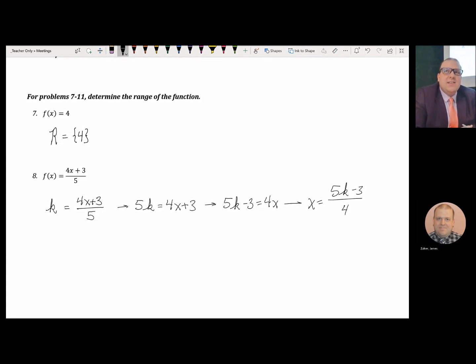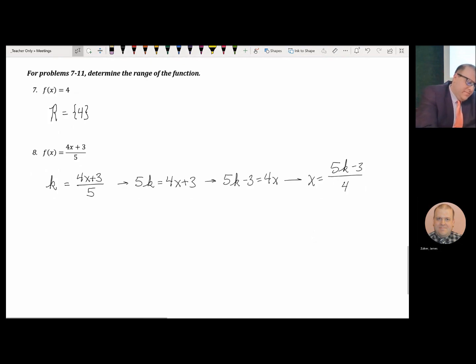But since we're saying k is an element in the range, that means the range is everything. For linear functions like that, we can just see the slope is 4 over 5, so you can look at it and know the range is all real numbers. But this is mathematically how you determine it.